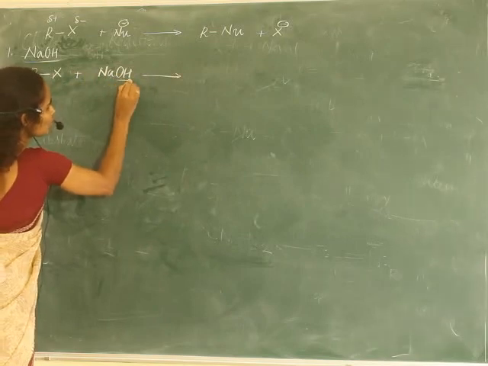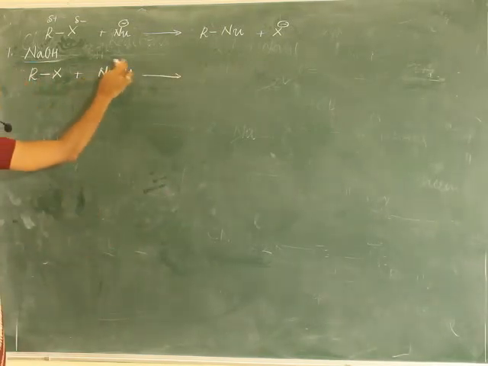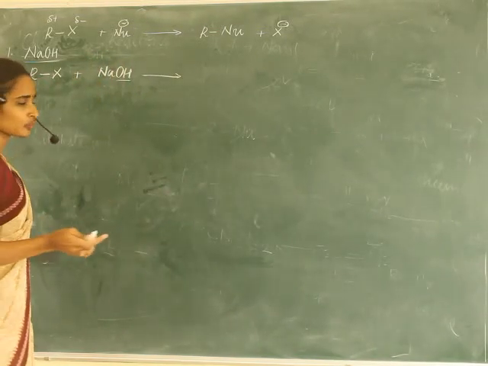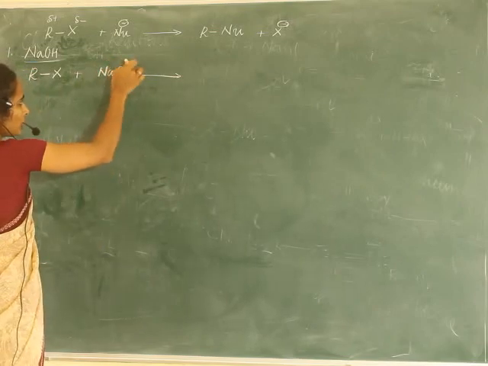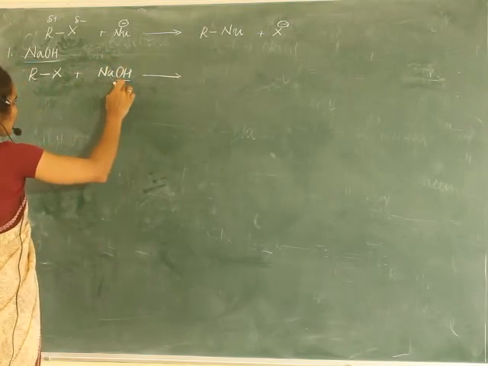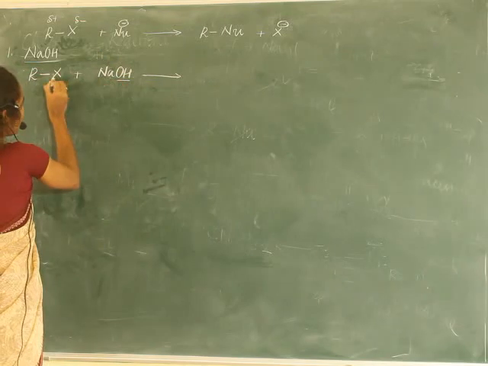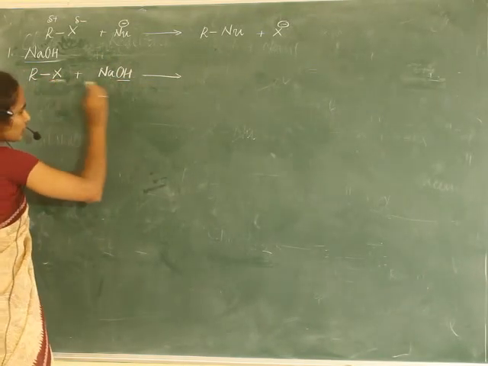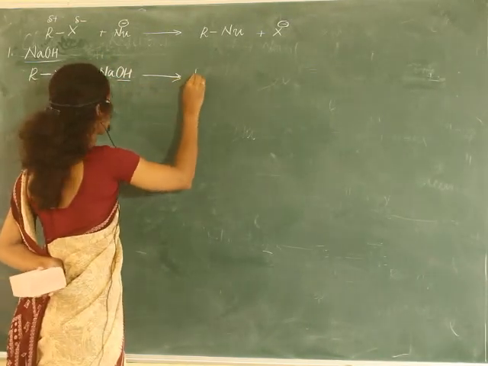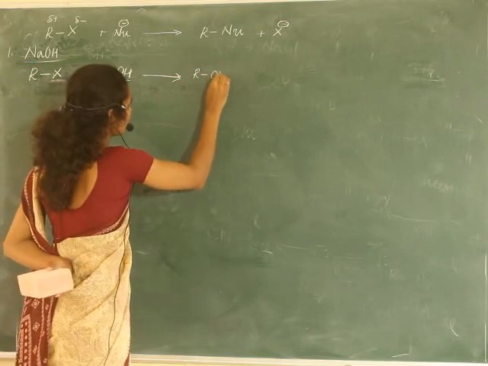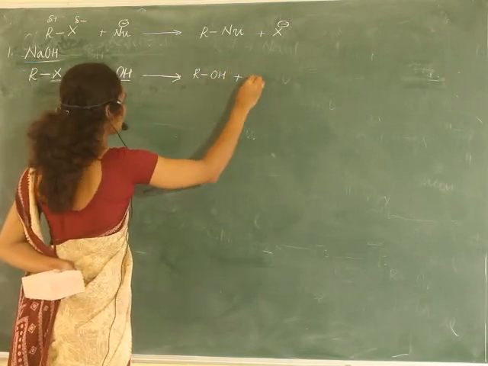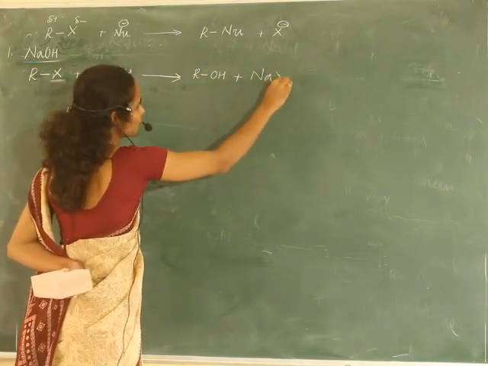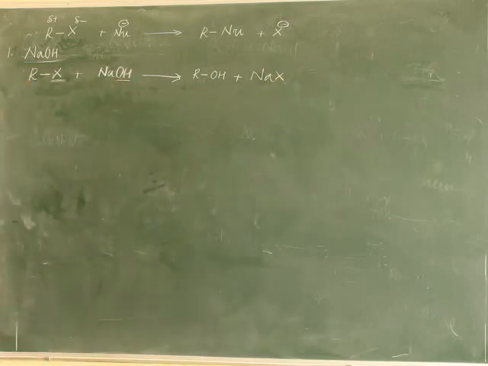In this reagent, Na plus is an ion and OH minus ion acts as a nucleophile, and this nucleophile replaces the halogen as halide. Then we will get product as ROH plus NaX.